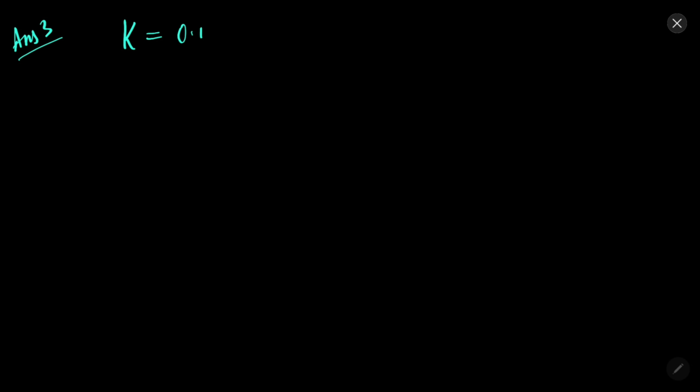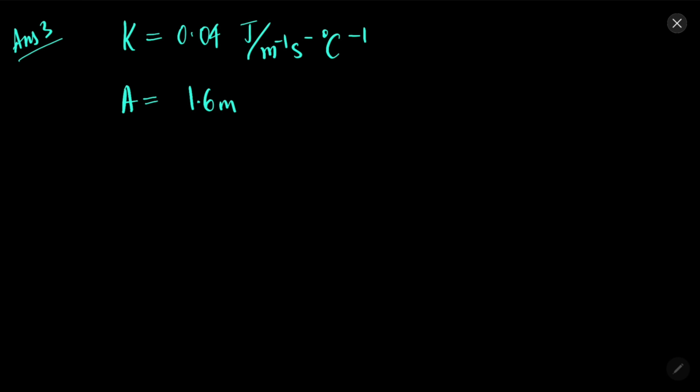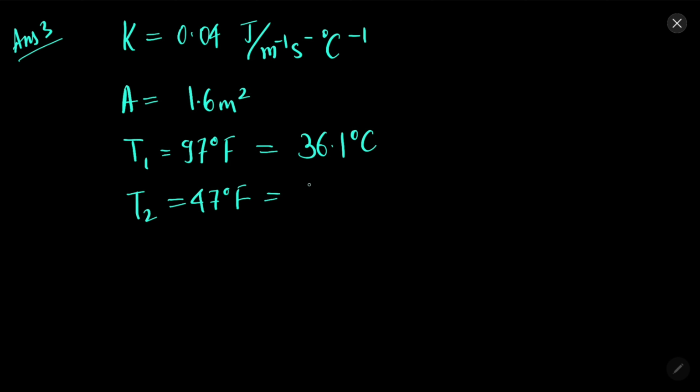K is 0.04 per meter per second per degree Celsius. Area 1.6 meter square. T1 97 degree Fahrenheit. On converting in degree Celsius, it will be 36.1 degree Celsius. T2 is 47 degree Fahrenheit, which will be 8.33 degrees Celsius.